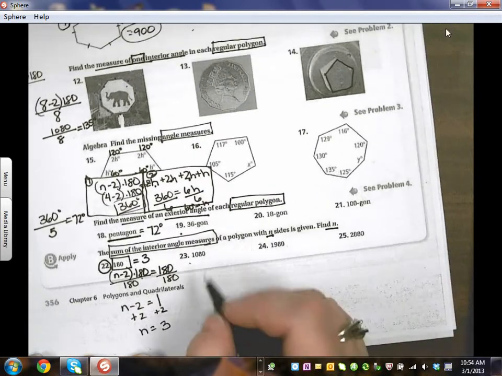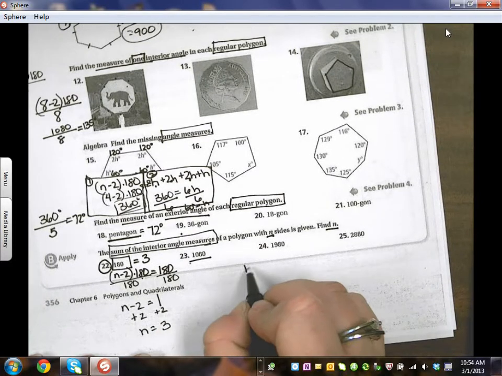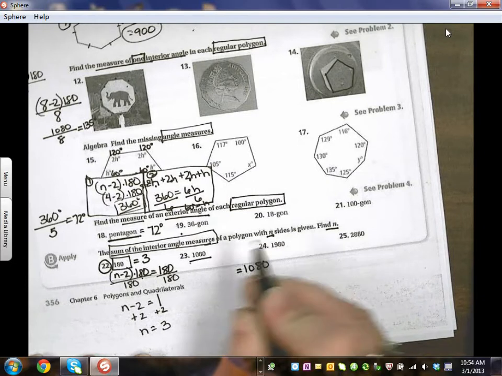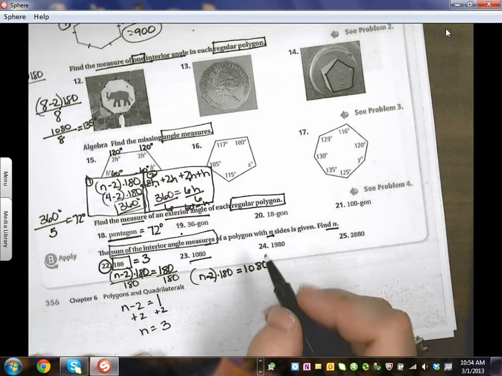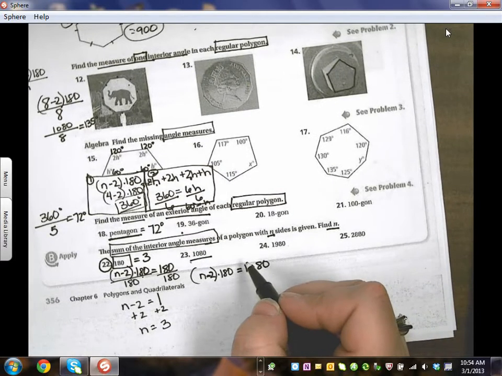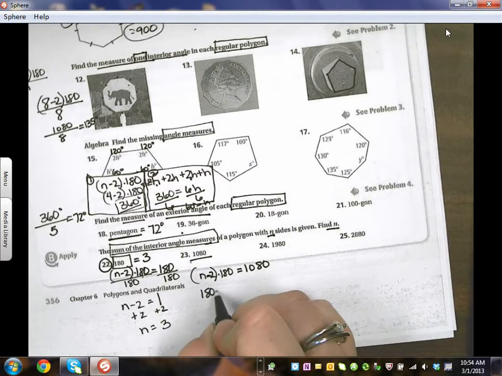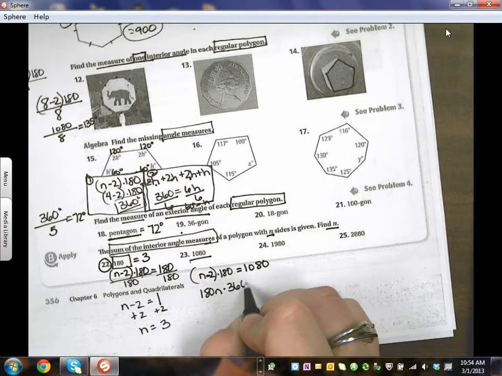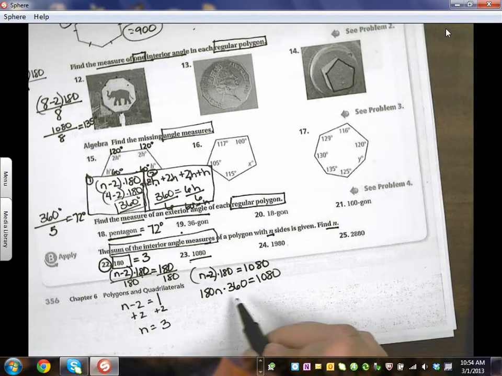Let's do another one. I know my sum is 1080. My formula is (n minus 2) times 180. Now I'm going to do the distribution method this way. You might prefer that way. So I have 180n minus 360, since 2 times 180 is 360, equals 1080.